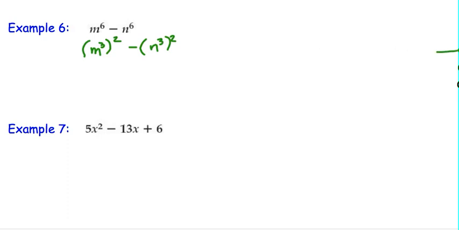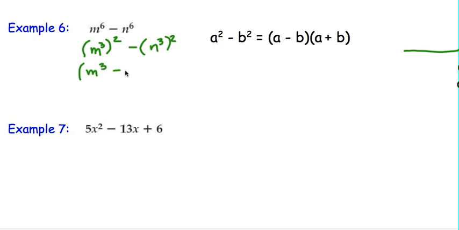Using the formula from up above, you can see that I take the square root of each part, so a minus b, break it up just like I did in the last example into the 2 sets of parentheses. So I'm going to have m cubed minus n cubed and m cubed plus n cubed.